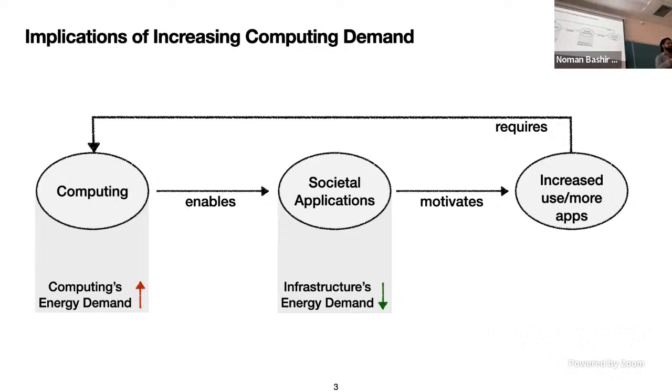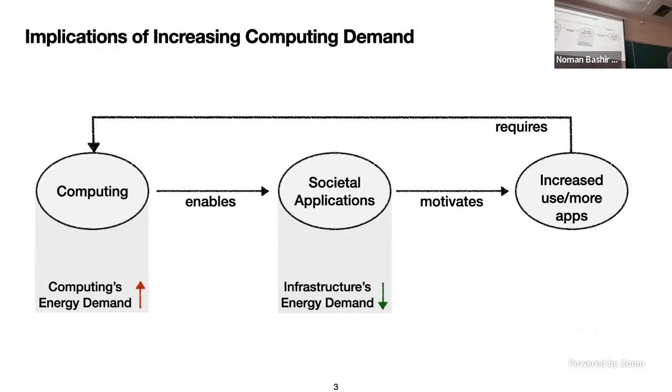Basically, whenever you increase the efficiency of some process, the energy demand of doing that process reduces, but the overall usage of that application increases. This is called Jevons Paradox, and I will touch a little bit on that later.